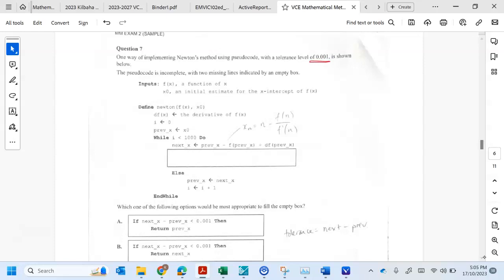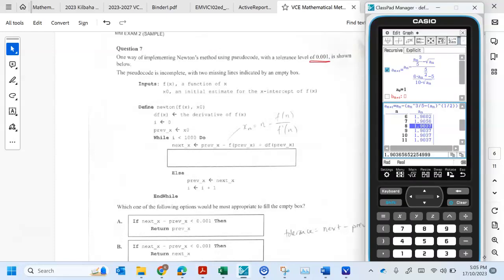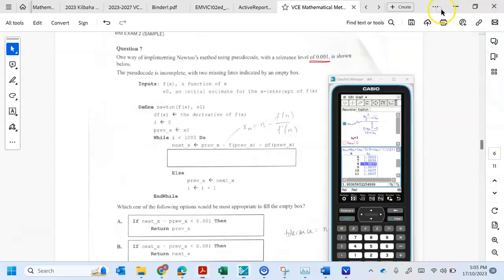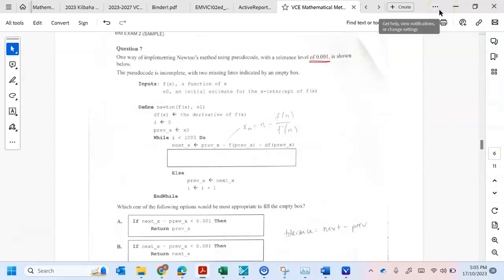So remember when we did it on the calculator? All right, so it's basically just the difference between the two x values that we got.